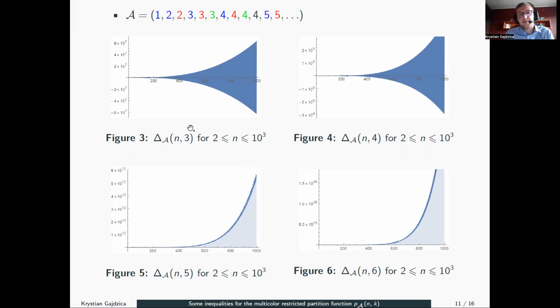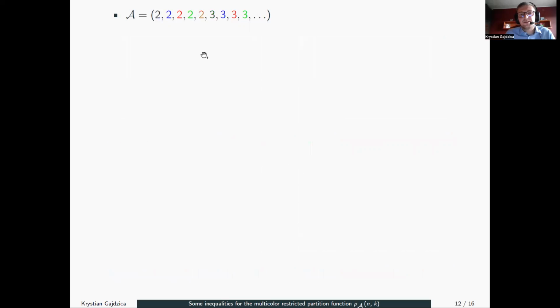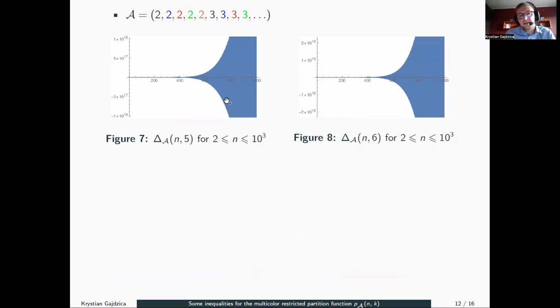Because let us now take a bit more interesting sequence. Namely, let us consider the sequence which consists of 5 2's and only with 3's. So we have only 2 numbers in the sequence, but in distinct colors. And now if k is between 1 and 6, we see that the multicolor restricted partition function cannot be log concave.